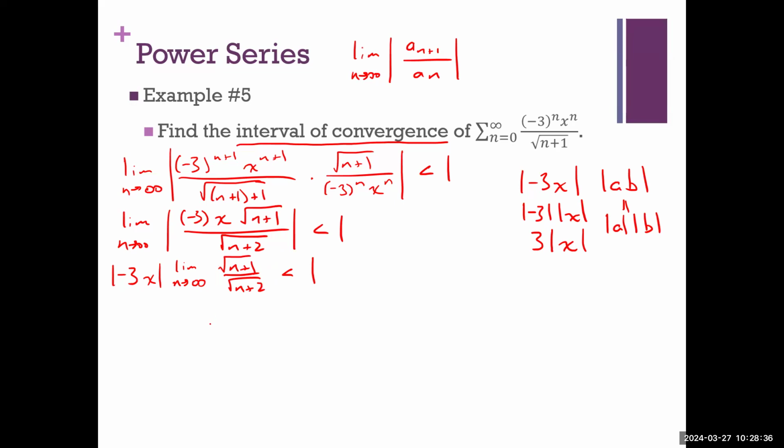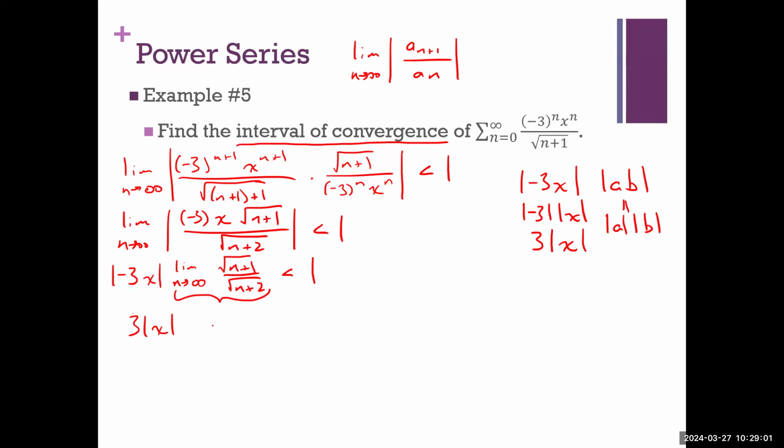All right, so is this limit here something we can do? What is it? 1 over square root of 2? That was right, that's fine. So this will go to 1.